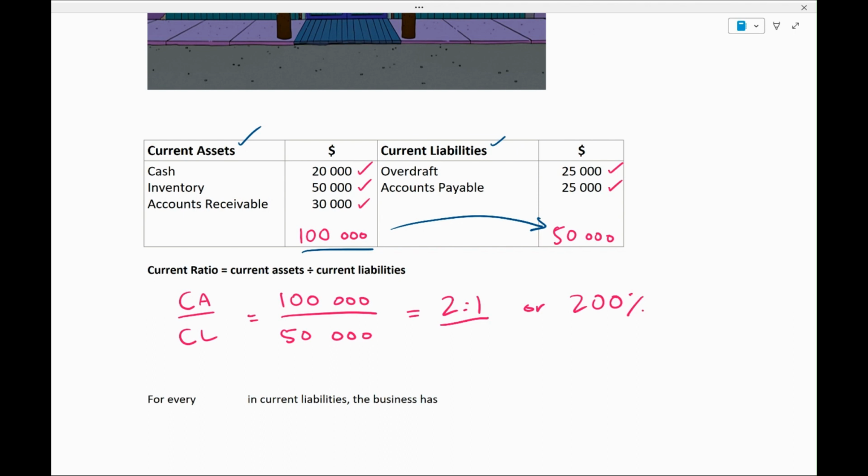They don't have enough in just cash alone to pay the overdraft and the accounts payable, but they can sell the stock, turn that into cash. They can collect the accounts receivable, and that will become cash as well. And then they can repay those overdraft and accounts payable.